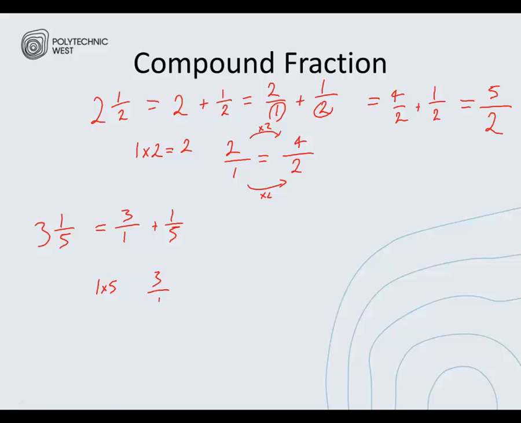So 3 over 1 is something over 5. To go from 1 to 5, I multiply by 5. 3 fives are 15. Okay, so I can write that in. 3 over 1 is actually 15 over 5.